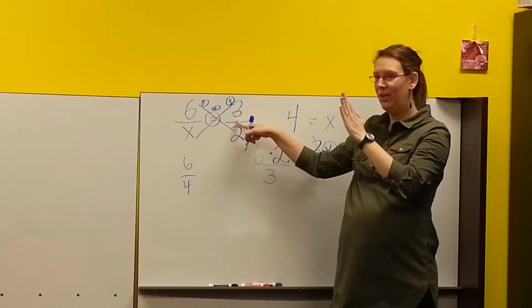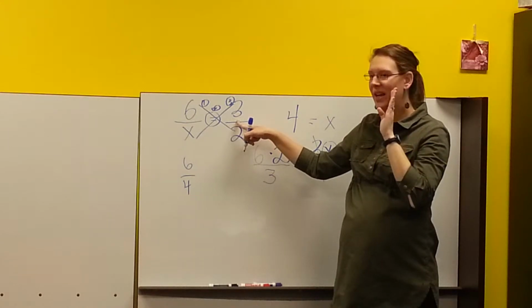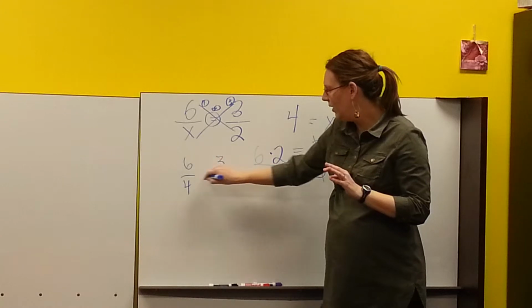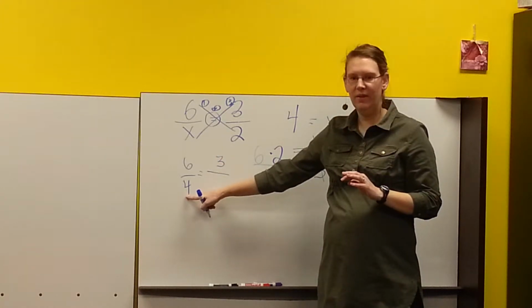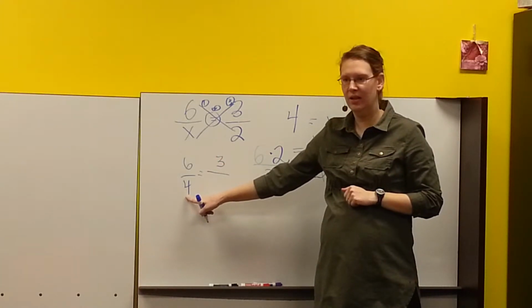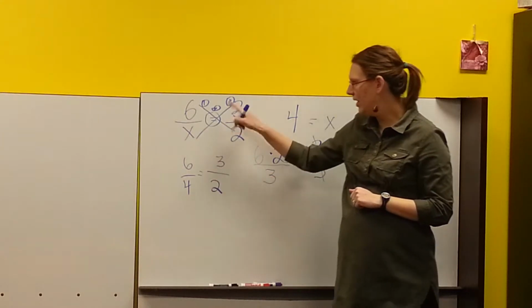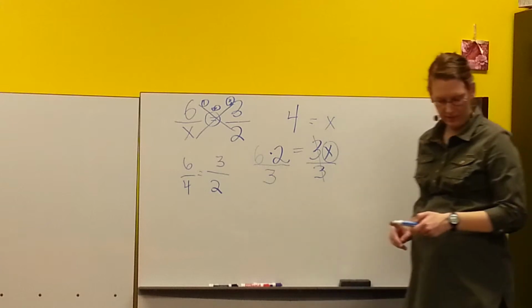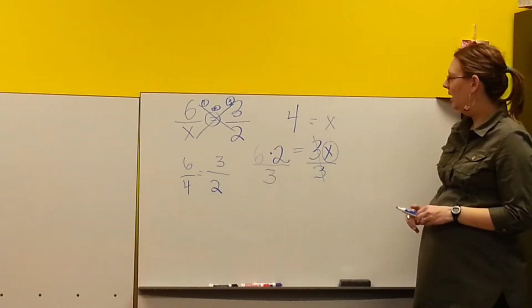To get from 6 to 3, take 6 and divide it by 2. Exactly. So we take 6, we divide it by 2, we got 3. We take 4 and we divide it by 2. What do you get, Damon? 2. Is that what our original equation looked like? So you've done it correct. Okay? Beautiful, beautiful. All right.